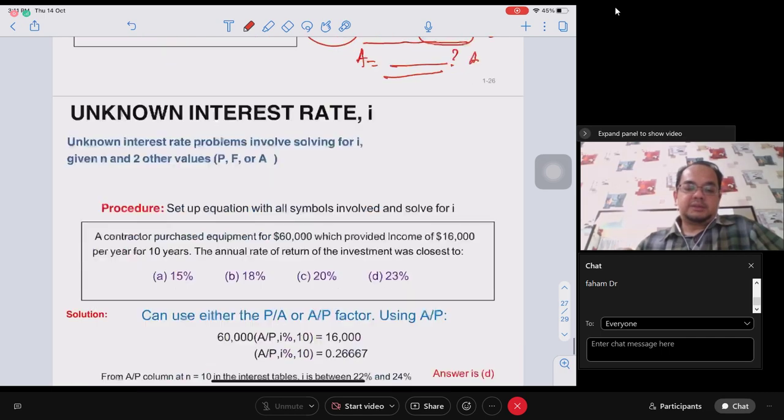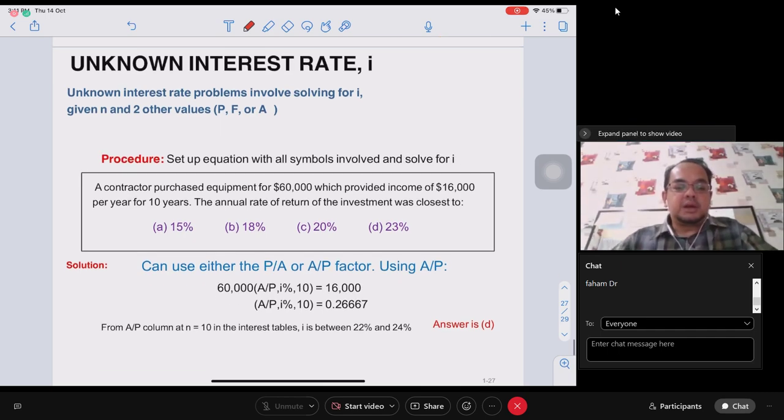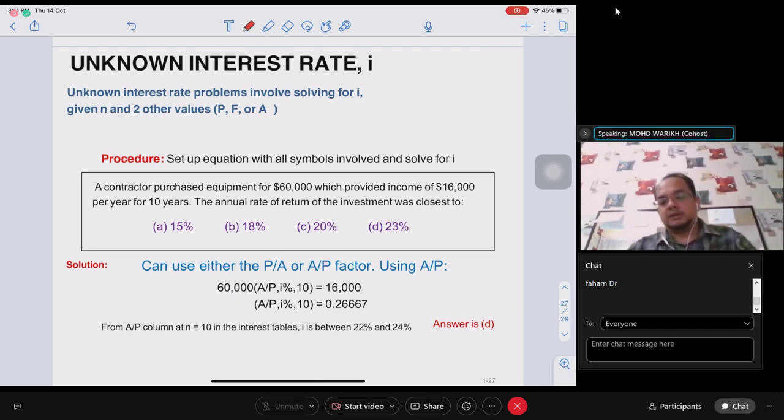Okay, so next, the last one is about the interest rate i. Unknown interest rate. The unknown interest rate problem involves solving for i given n and two other values among P, F, or A. So that means to find i, you have to do trial and error virtually.